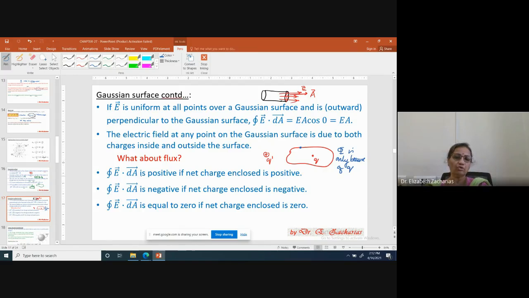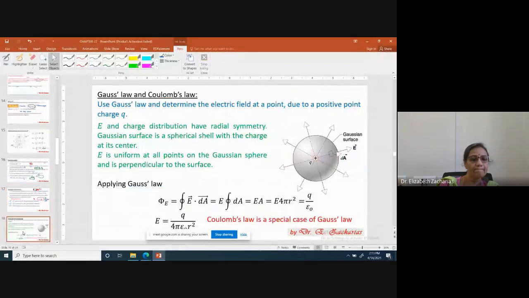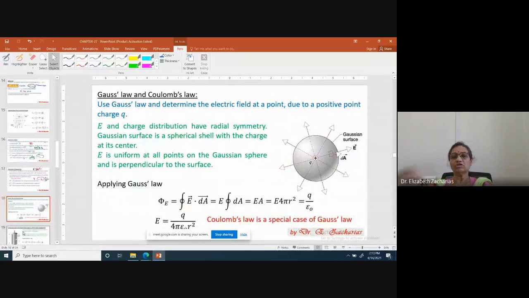And then finally, to close it, the flux, integral E dot dA, will be positive if the net charge enclosed is positive, negative if the net charge enclosed is negative, and 0 if the net charge enclosed is 0. So you have to remember all these rules when you are dealing with any problem on Gauss law.